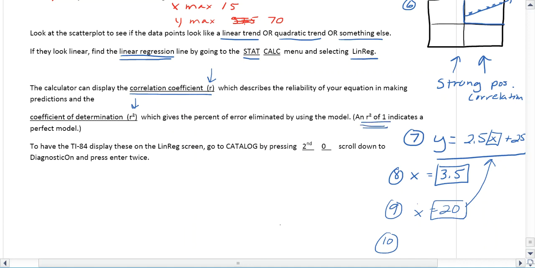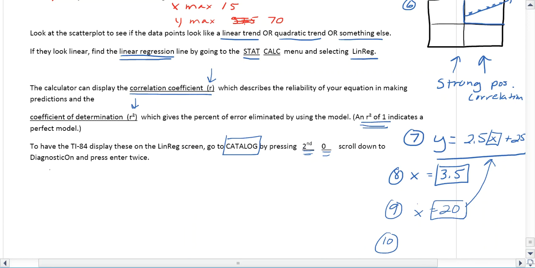To turn that on so that we can see both R and R squared, we need to go to the catalog, which is the second function of the 0 key. So if you go to second 0, you will have a very, very large menu.